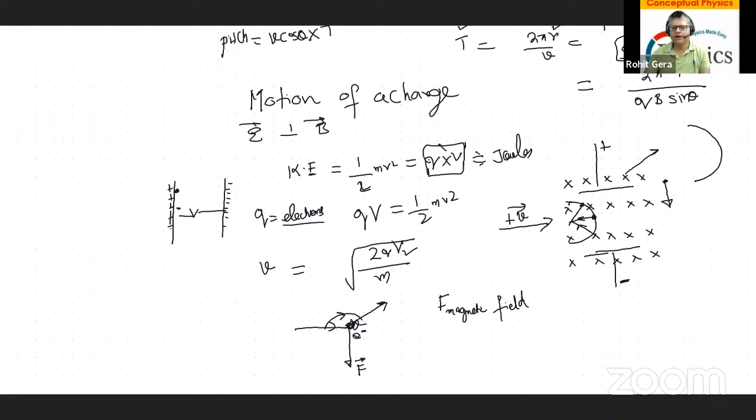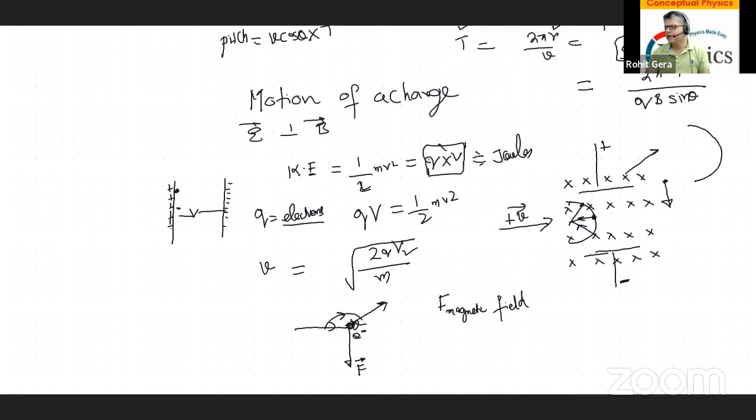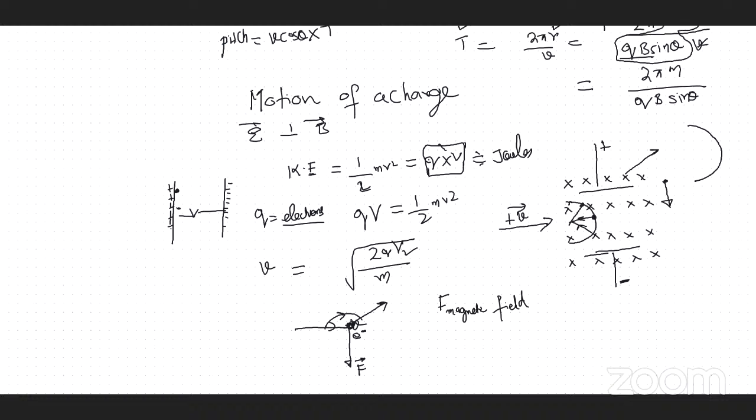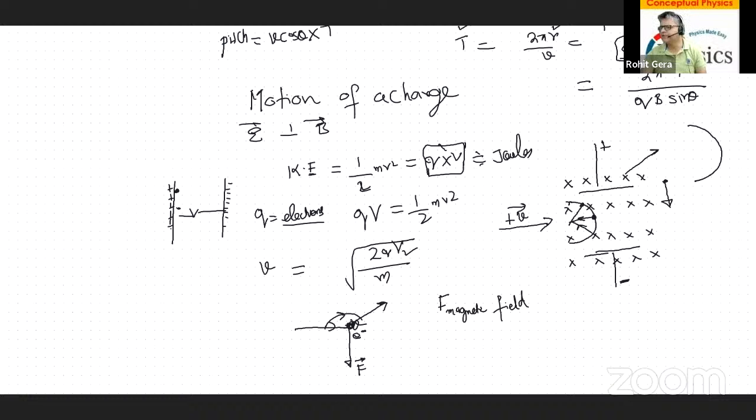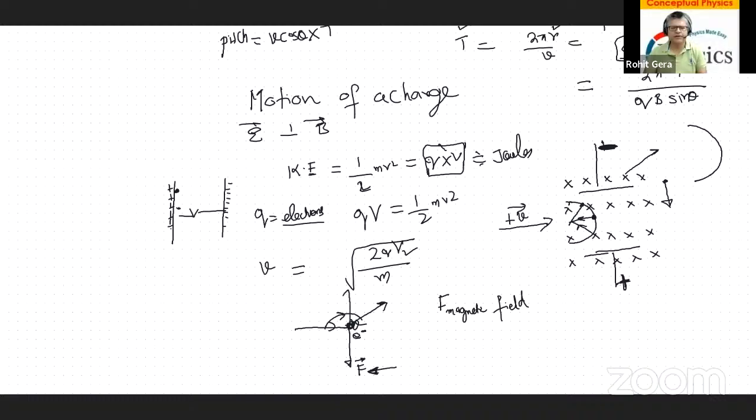So what will happen to the electron? The electron would like to go up, whereas the magnetic field force is downward. So the electric field force is upward, this is negative and this is positive. And the magnetic field force we found earlier was for a positive charge, so I am reversing it. This is my FB.